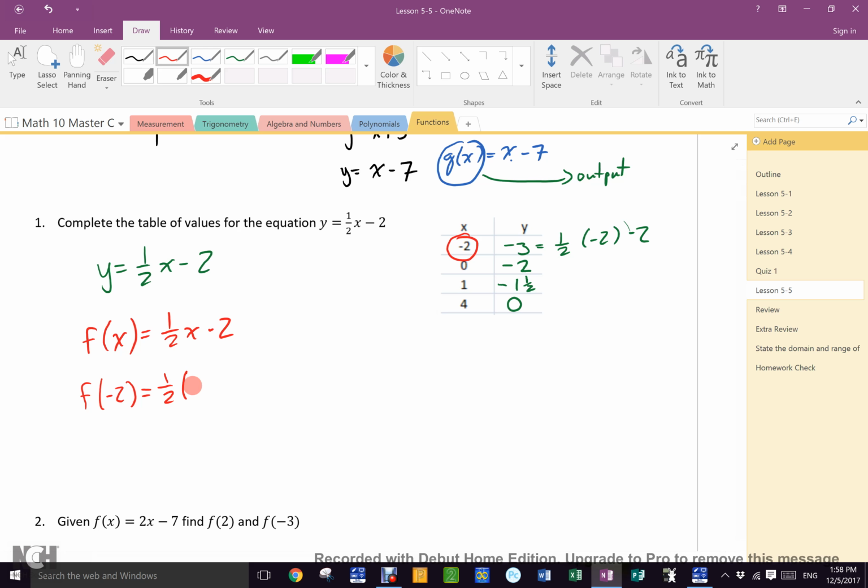When it's a -2 there, what do you think is going to be there? -2 minus 2, which gets me -3, right? So in this notation, which of those is the x value? And which of those is the y value if I wanted an ordered pair? -2 and -3. Everybody cool?